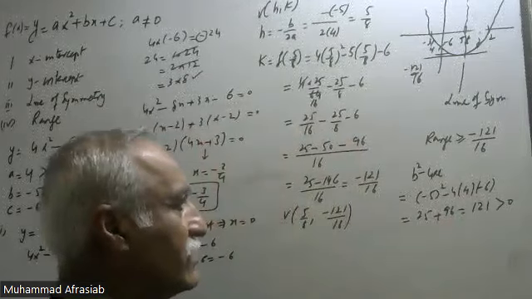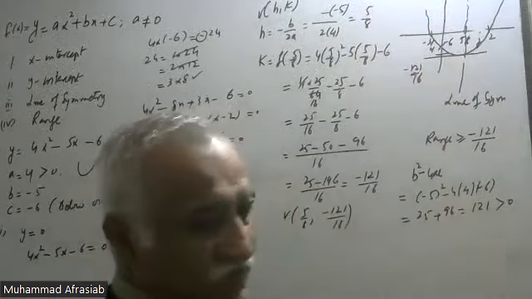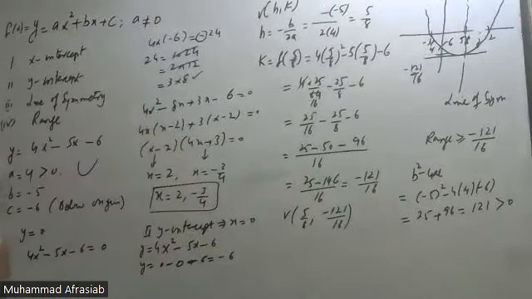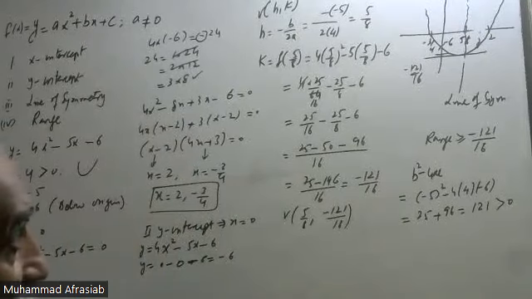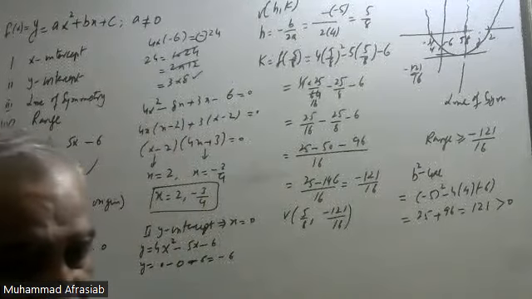So it is going to cut the graph at 2 points, which we have seen, and these are the points of intersection on this graph. So this is a complete sketch of the quadratic in this form, and we have drawn the sketch with the range and the line of symmetry.